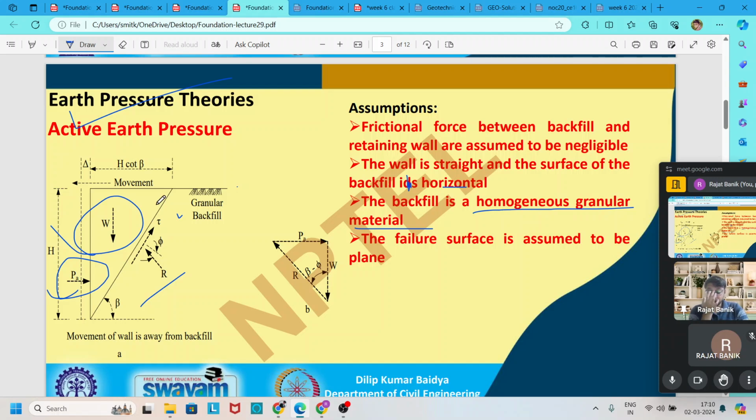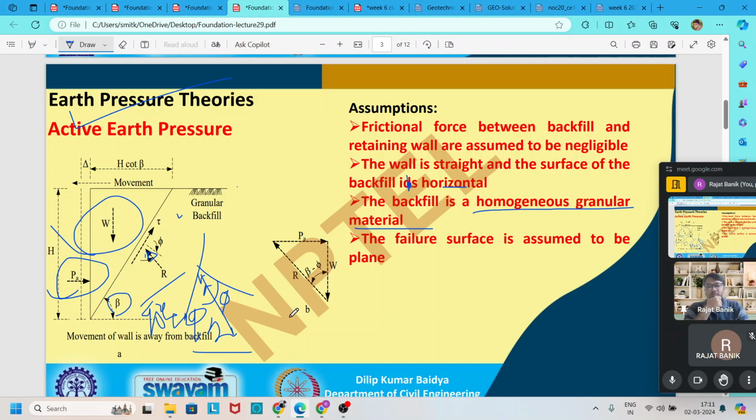The failure surface makes an angle beta, which we find is 45 degrees plus phi by 2 for the active earth pressure case, and the resultant force makes an angle phi with the normal to the failure surface.